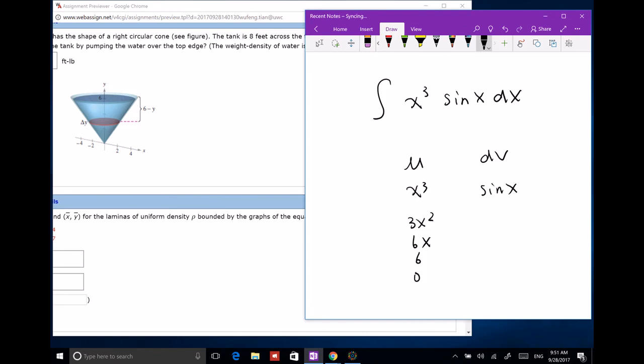Antiderivative of this, you do one by one. Antiderivative of sine x is negative cosine. Antiderivative of negative cosine is negative sine. And antiderivative of negative sine is cosine. You keep doing that, antiderivative of cosine is sine. So you do this and you cross multiply, with plus and minus signs.